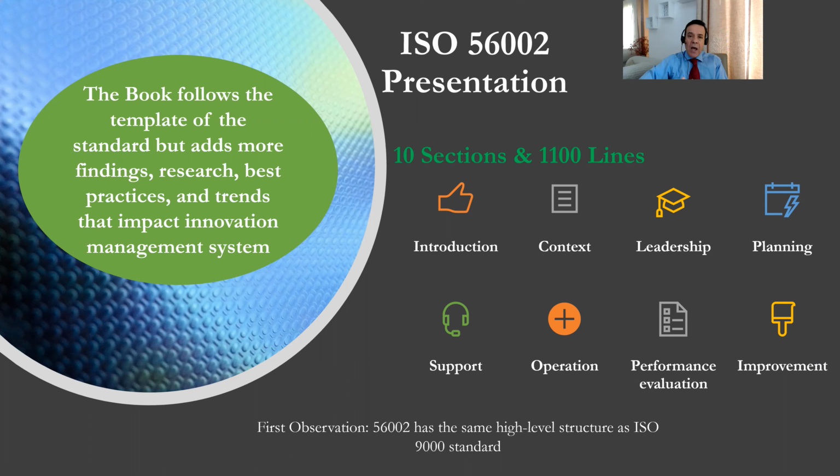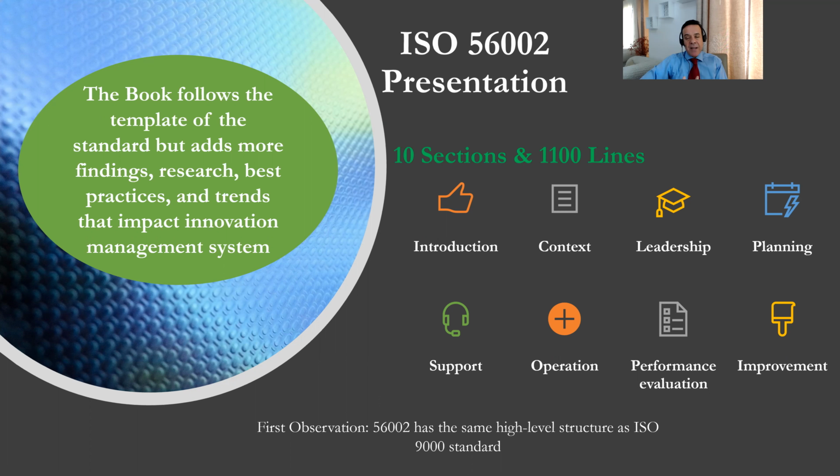When you look at the standard, there are a couple of comments that I wanted to make. There are about 10 sections in this standard and roughly 1,100 lines. And this standard follows the same high level structure as the ISO 9000 family of standards. It's the same approach, the same template.